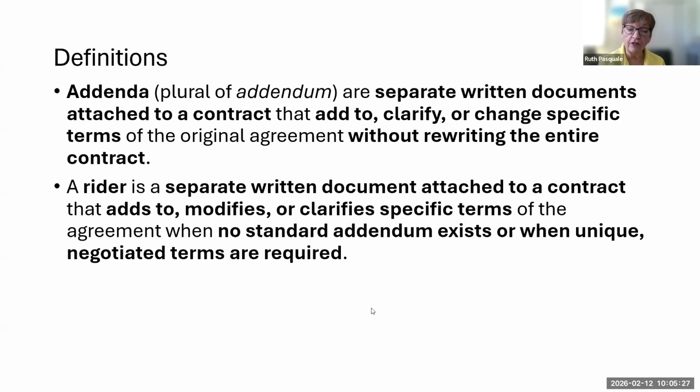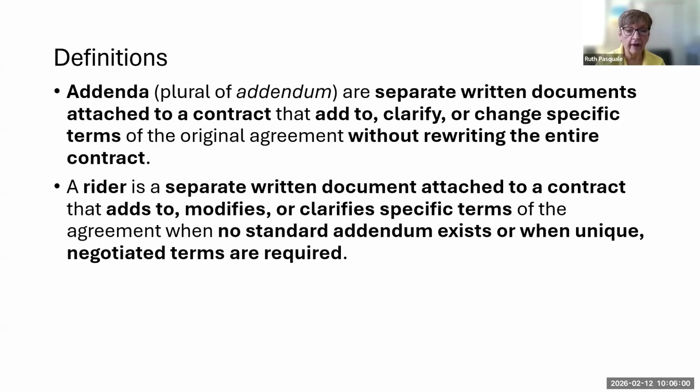A rider is also a separate document that adds to the contract or modifies a contract, clarifies specific terms, but most times it's adding unique negotiated terms to the contract, like a backup offer, a backup contract, sale of buyer's property, kick-out clause, things like that. And those are the things we're going to talk about today. So that's the difference between the two.